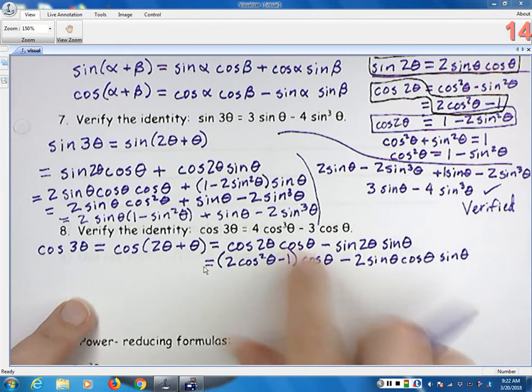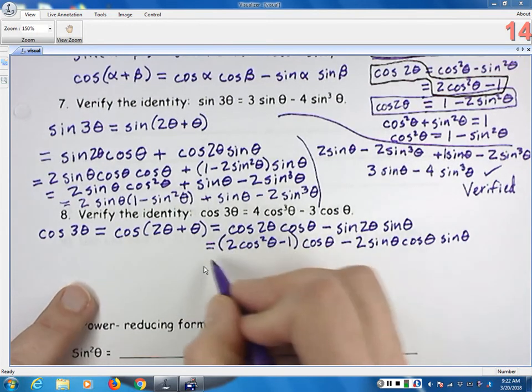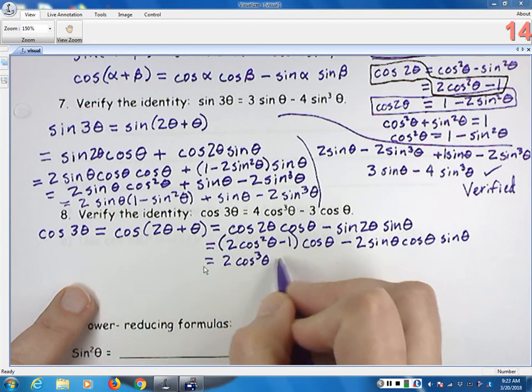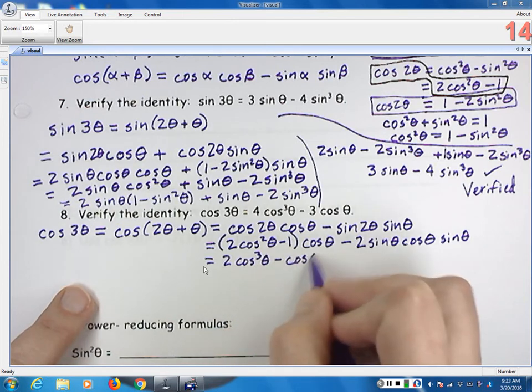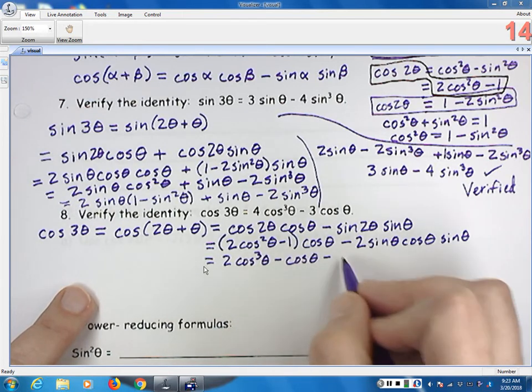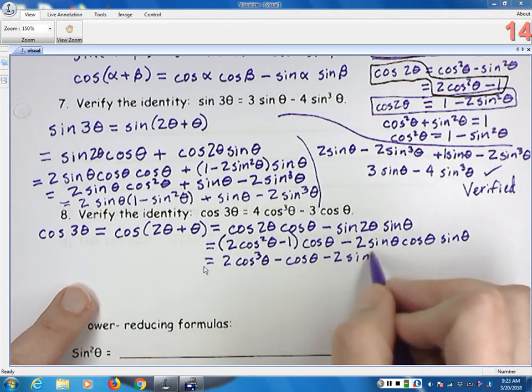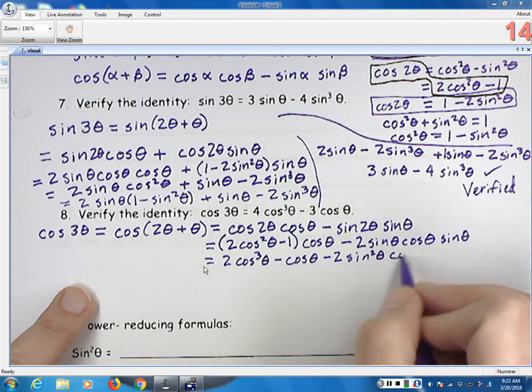We're going to distribute the cosine, so we get 2 cosine cubed theta minus cosine theta minus, and then we'll write this as 2 sine squared theta cosine theta.